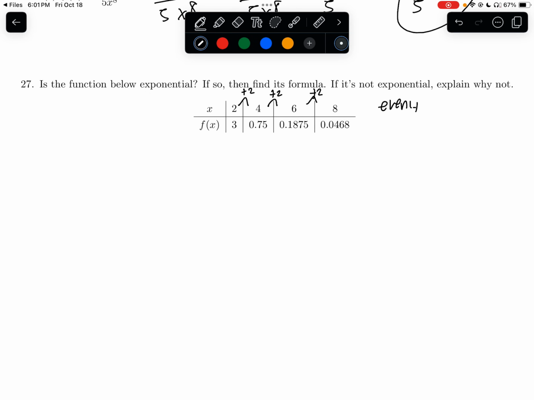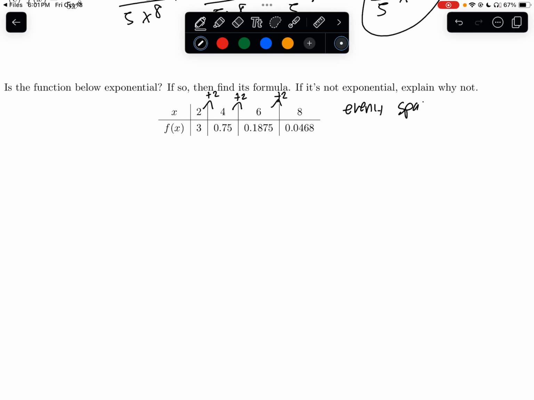And so we have evenly spaced inputs, which if you remember is the first condition you need to meet. The other condition is that when you multiply, there's a common ratio between consecutive outputs. So to figure out what this is, it's probably not obvious what I would need to multiply 3 by to go to 0.75.